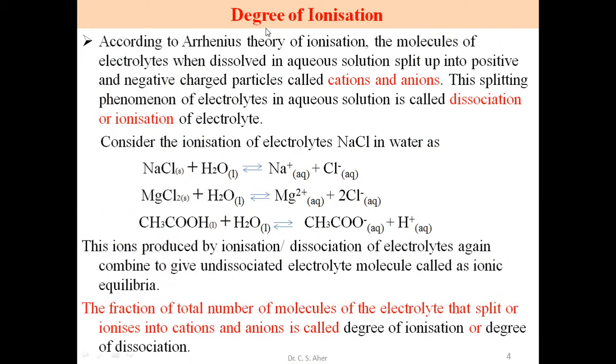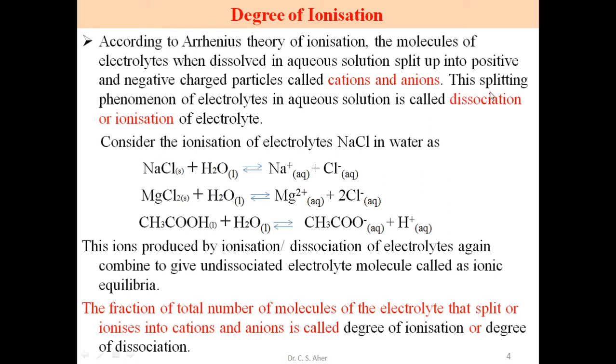Now we consider the degree of ionization. When an electrolyte dissociates to form ions, we consider the degree of ionization. According to Arrhenius theory of ionization, the molecules of an electrolyte, when dissolved in aqueous solution, split into positive and negative charged particles. We call them cation and anion respectively.